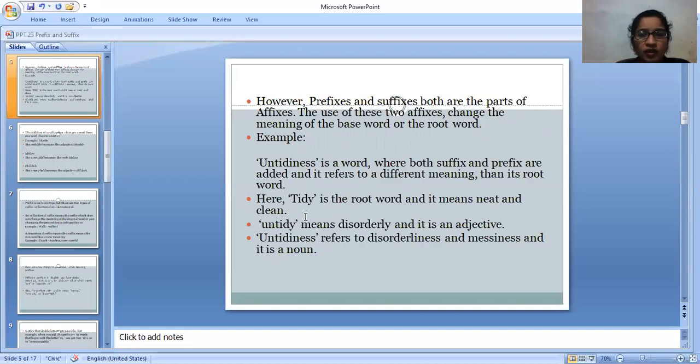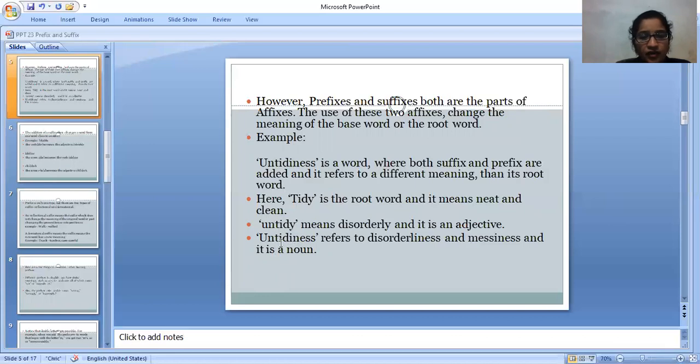What's the root word here? If you take untidy, tidiness or untidiness, what's the root word? You can take the word tidy as the root word, which means neat and clean. When you add the prefix un to that word, a new word, untidy, is created, which means disorderly, and the form of untidy is adjective, right?